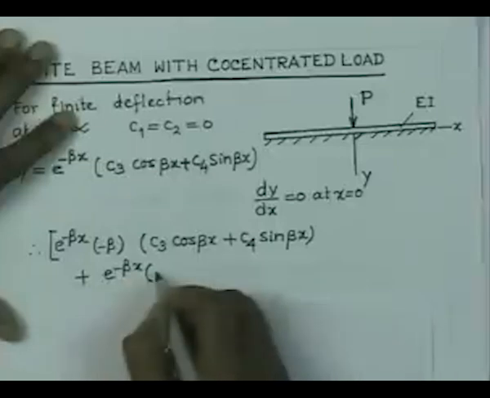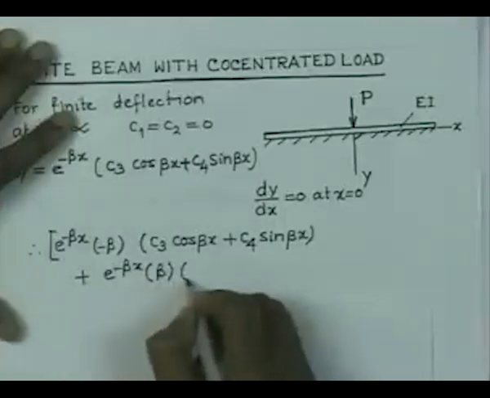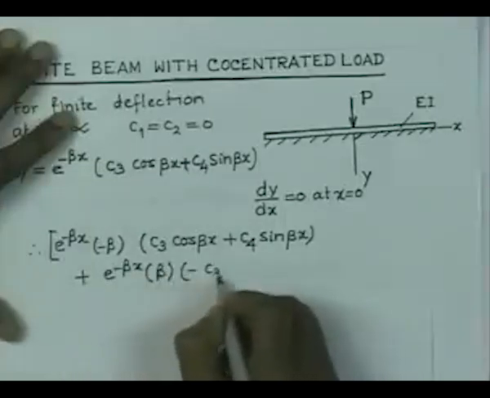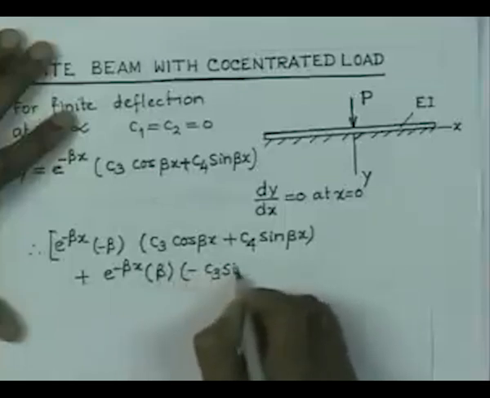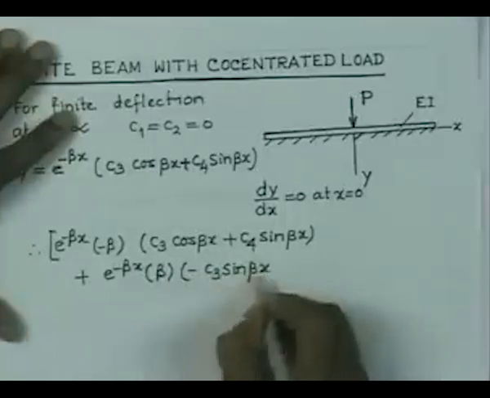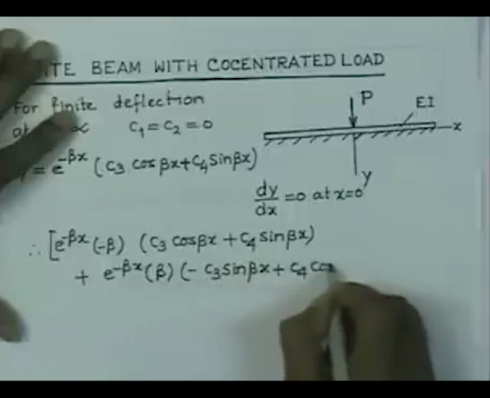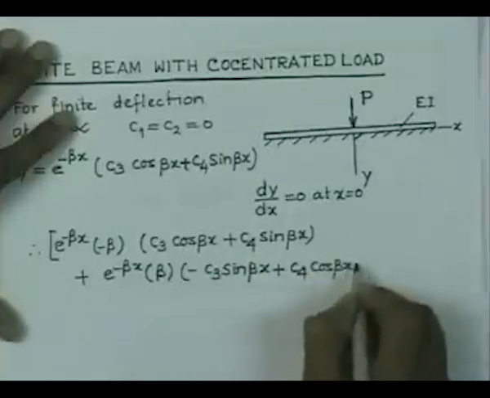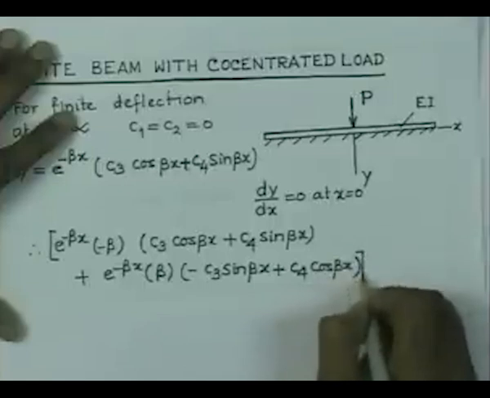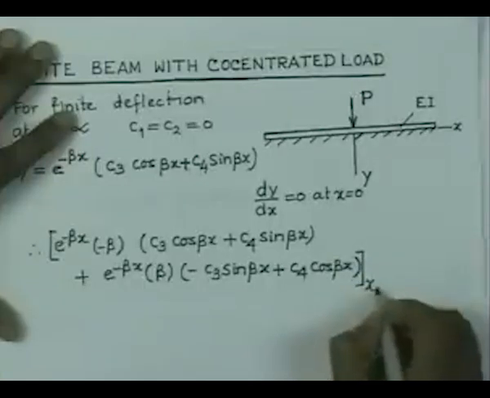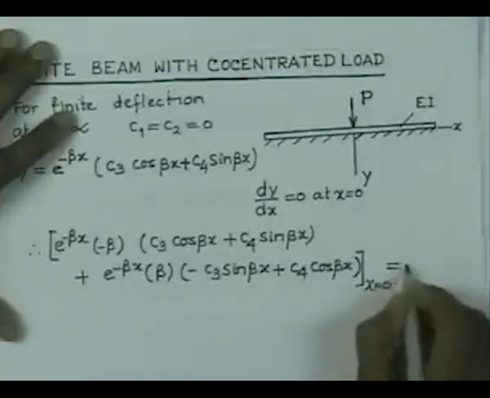So, we will have beta coming out. So, we can take that minus c3 sin beta x into beta, that beta I have taken out, c4 cosine beta x. So, that is the full derivative, and therefore, at x is equal to 0, this is 0.